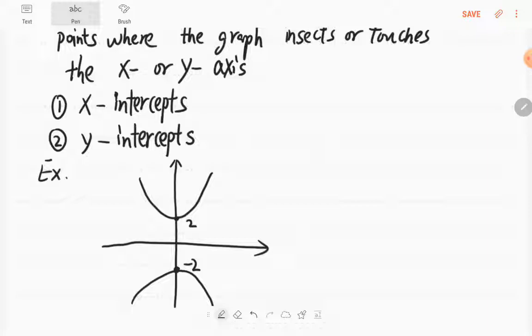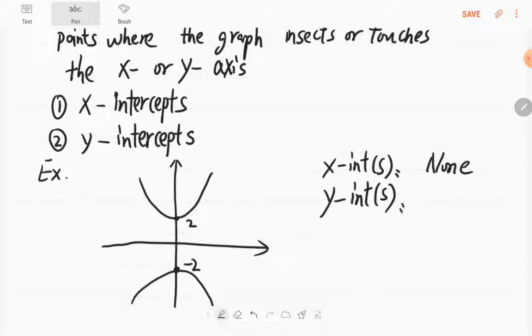Then x-intercept: there's no intersection on the x-axis, so there's no x-intercept. The y-intercept, we actually have 2 points. One is this point, the 0, 2 point, because x is always 0 since it's on the y-axis. And this point is the 0, -2 point. So you have two y-intercept points.